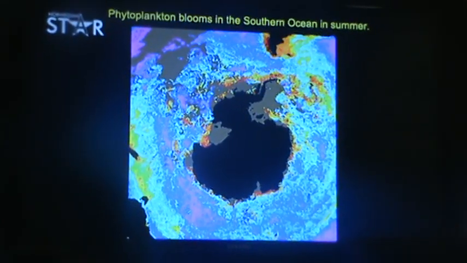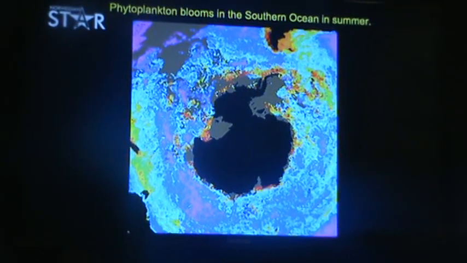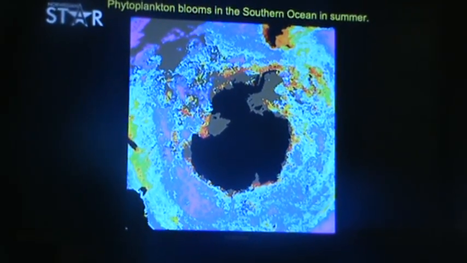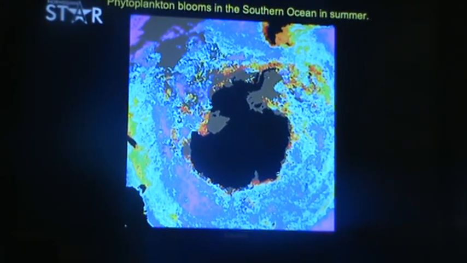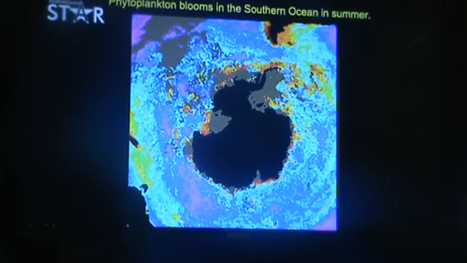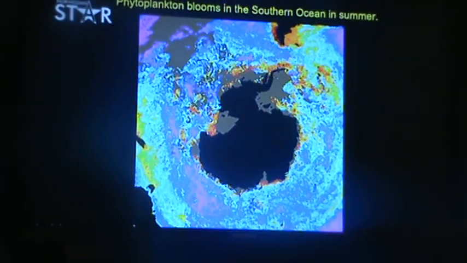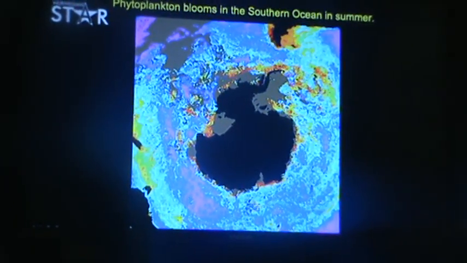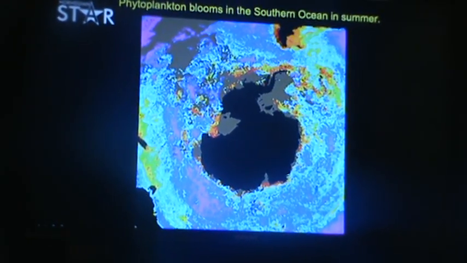So this shows the phytoplankton, the vegetation type things. We're talking about algae, for example, single-celled algae. They're coming up, and you can see by the intensity here around the continent, the red and orange areas are where we have tremendous amounts of productivity of the phytoplankton.